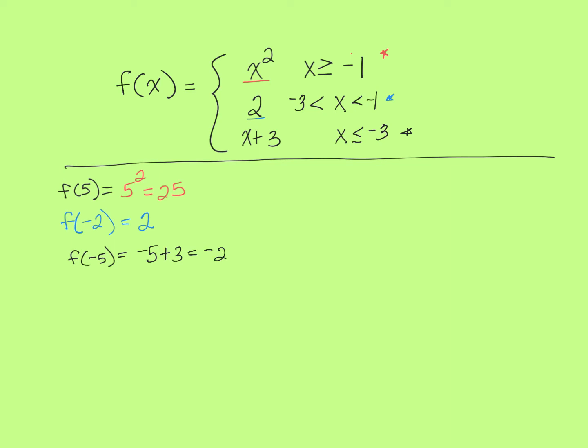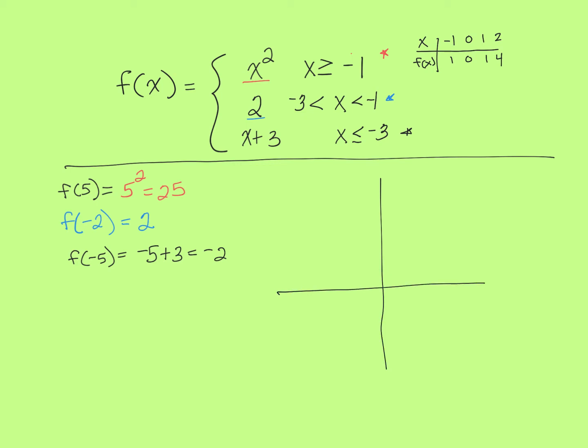So I could continue to choose values in these regions, for example, x and f of x for this first one, and just choose values that are bigger than negative 1. In that case, I would get 1, 0, 1, and 4.